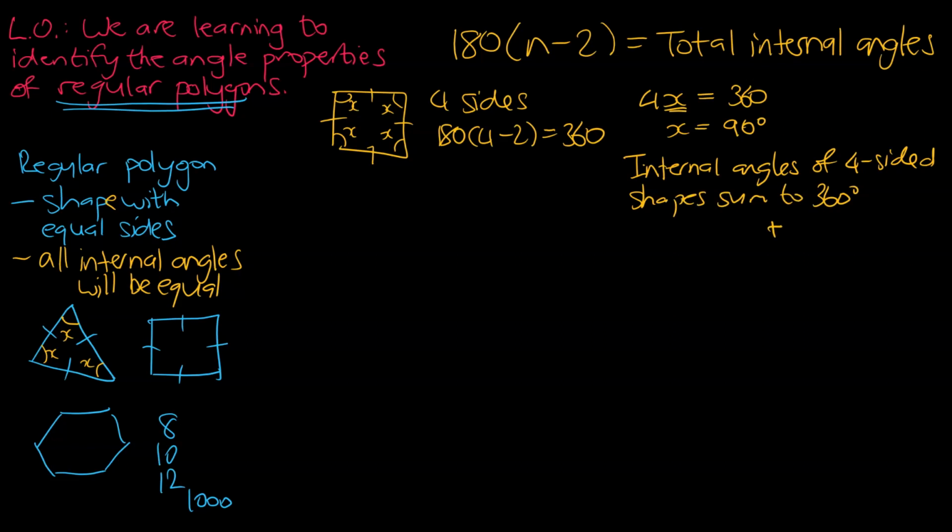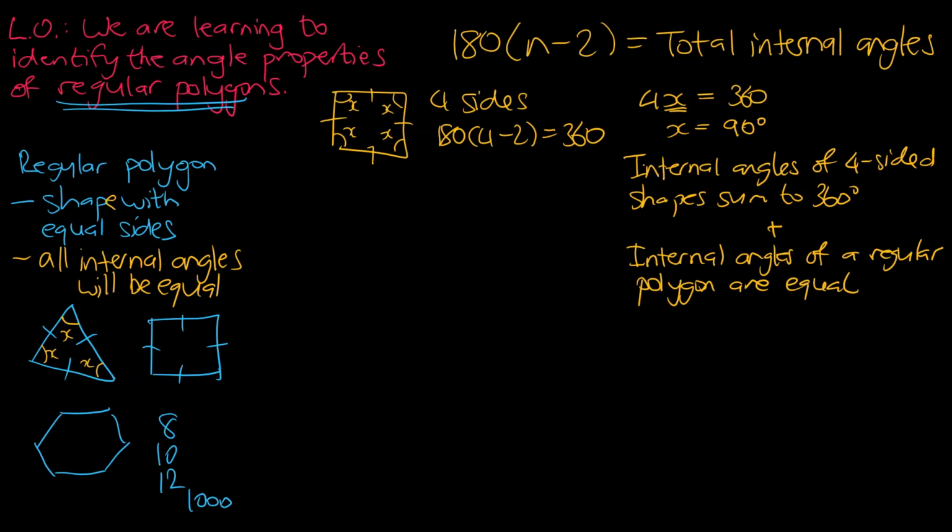And we've also used the idea that the internal angles of a regular polygon are all equal to each other. So the internal angles of a regular polygon are equal. So we've actually used 2 geometric features to figure that out.